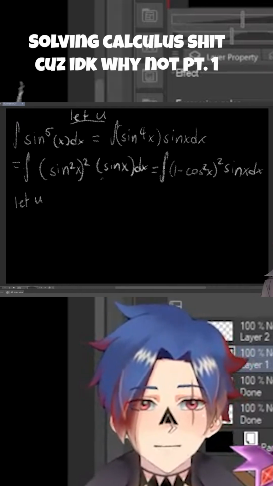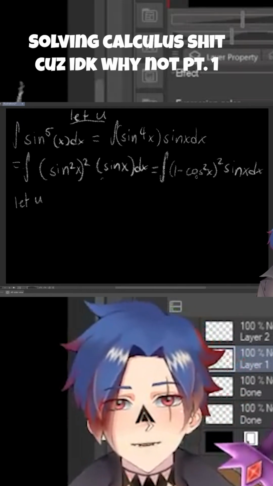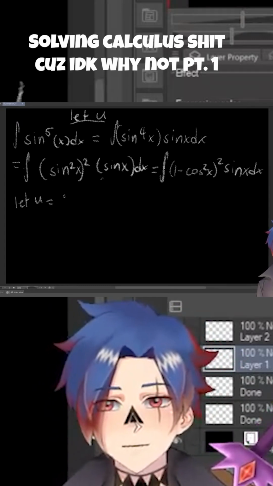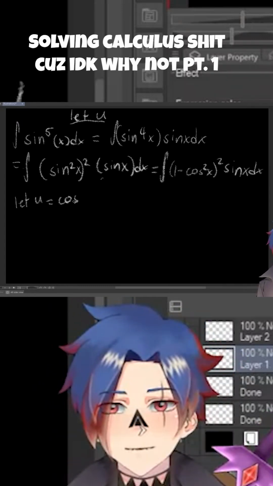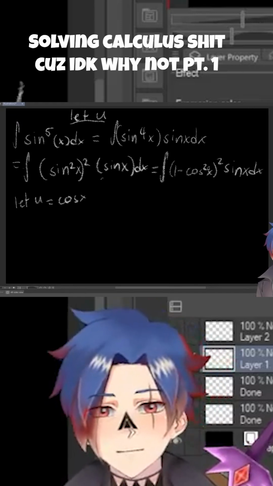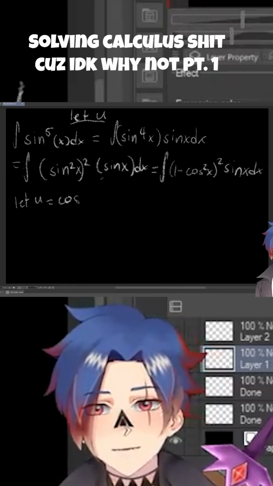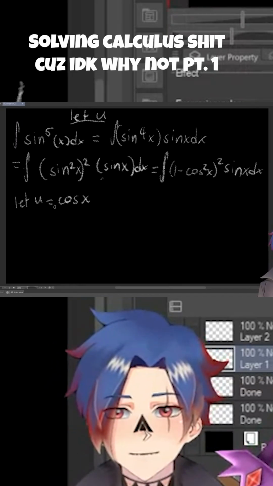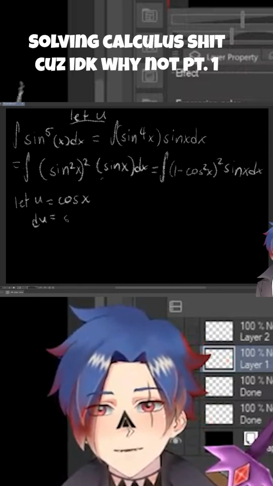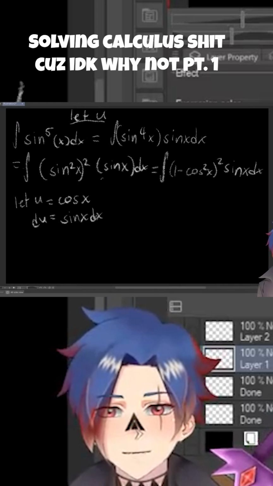Basically, we simplify this. So we're gonna let u be cosine x. We're not gonna carry on this power, this exponent, because it will definitely complicate everything. So du is equal to sine x dx.